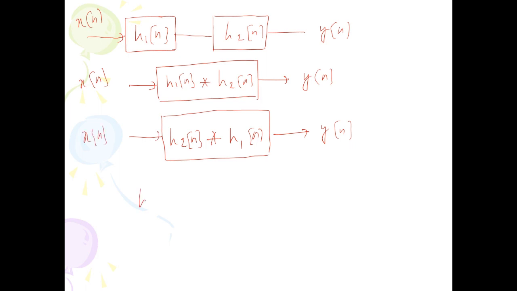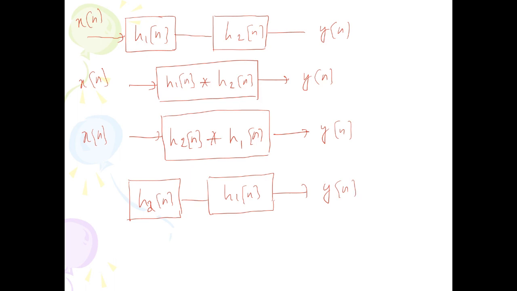So similarly, this is h2 of n, this is h1 of n, and we interchange these two systems. The final response is not changed. So this is your final output y of n.